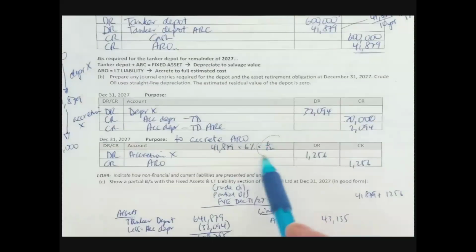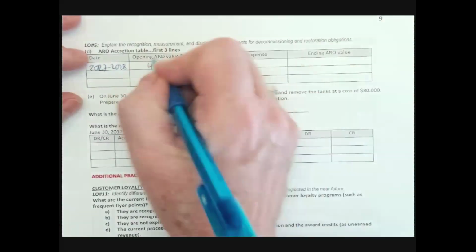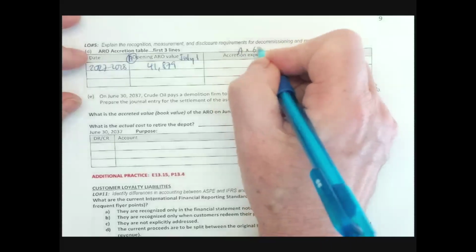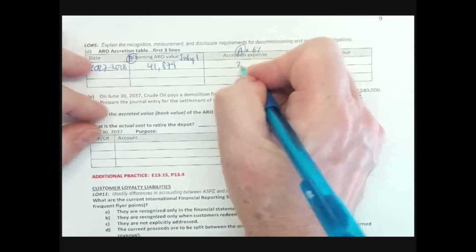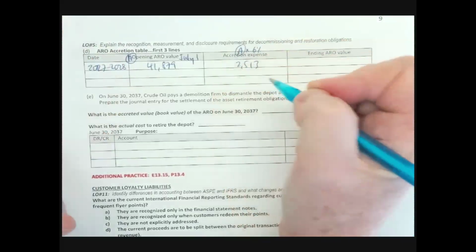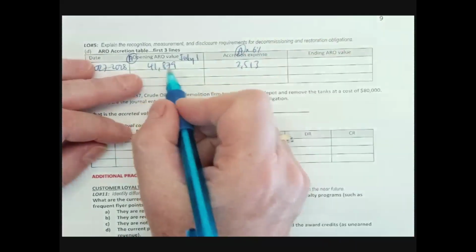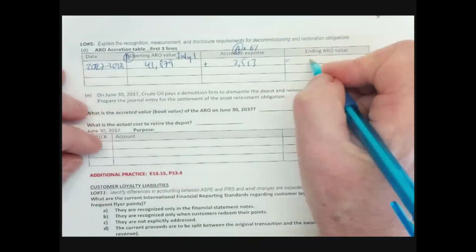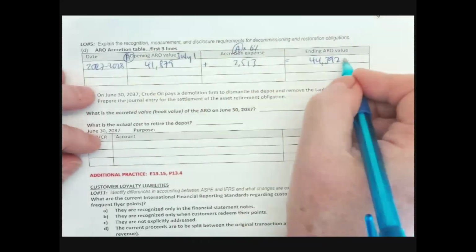We booked half of it here because we prorated for the 6 months. But if we didn't prorate, this is just A times 6%, which is 2513. Ending ARO is 41,879 plus that equals the ending ARO, 44,392.